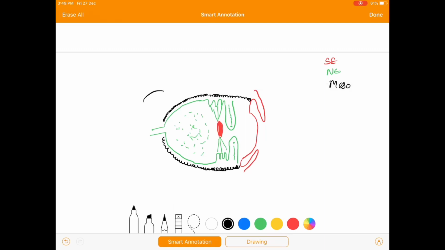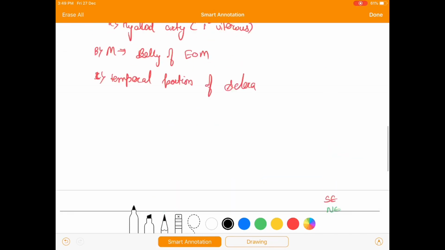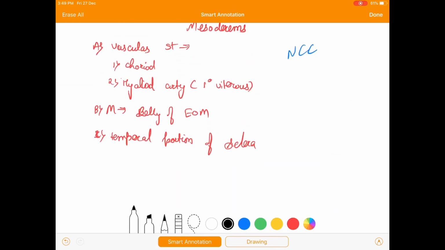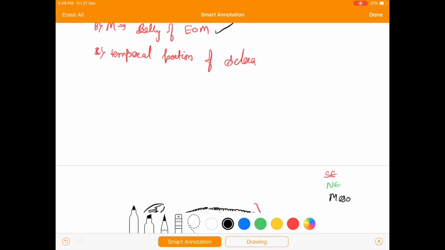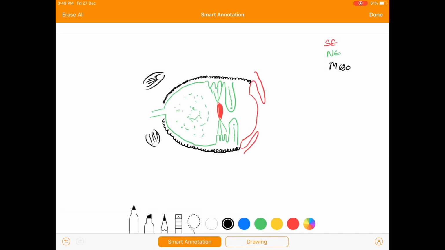Then we have bellies of extraocular muscle. That's it. What else we have is belly of extraocular muscle, choroid and sclera. Okay, but we have only the temporal portion of sclera. Now, the remaining structures which I will be drawing in blue will be of neural crest cells.